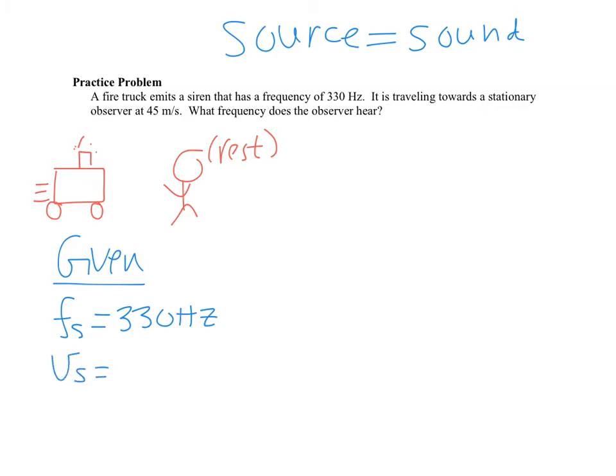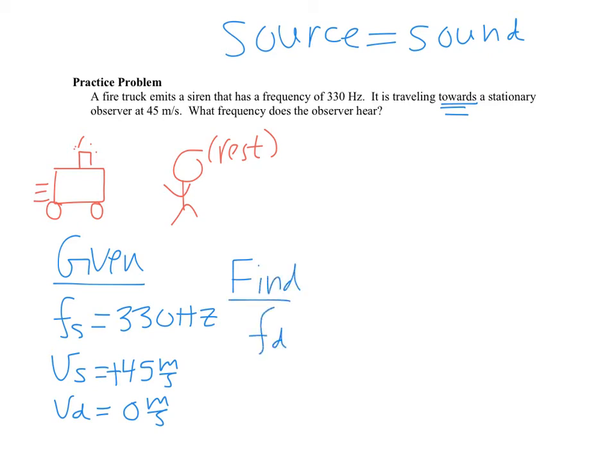So V of the source is 45 meters per second. It's positive because it's moving towards. The observer is at rest, so that's the detector. So VD is 0 meters per second, and we're looking for the detected frequency.